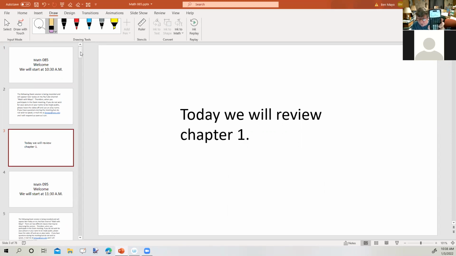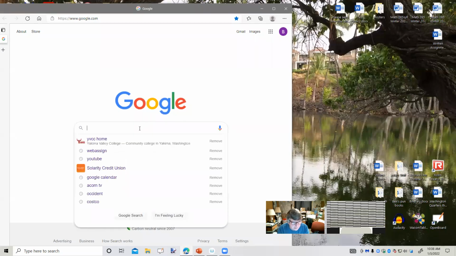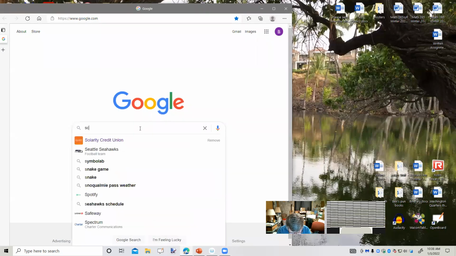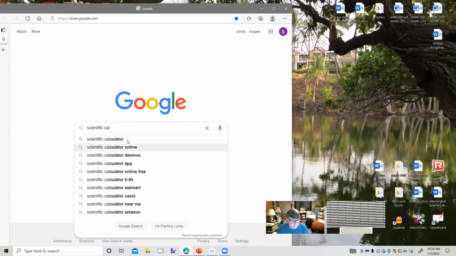If you do not have the funds to purchase a calculator and you want to use an online calculator, what you can do is you can go to the internet and type in scientific calculator.